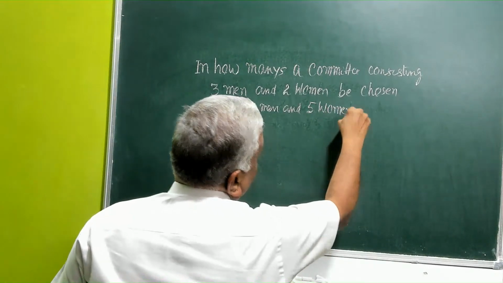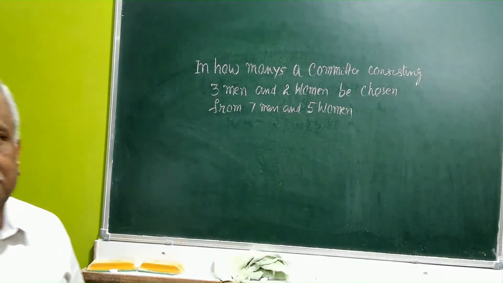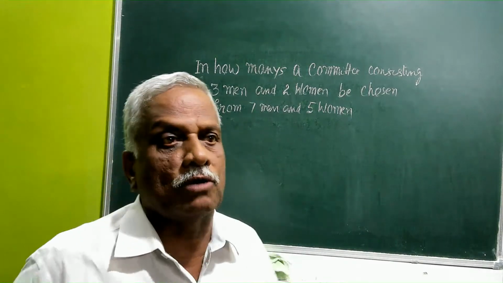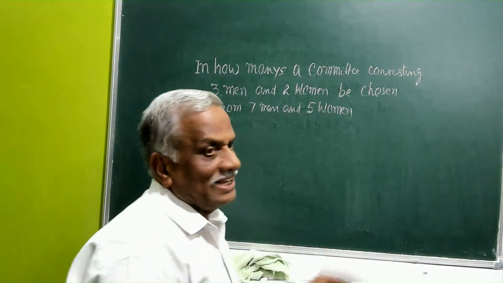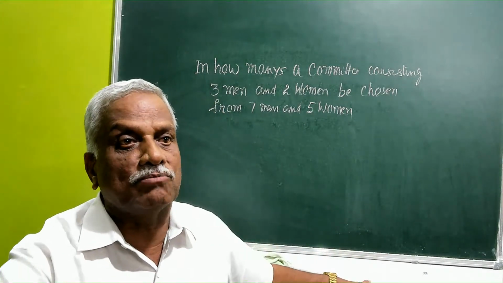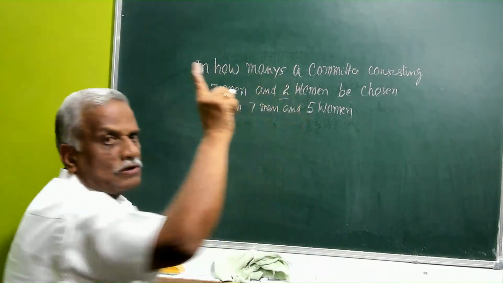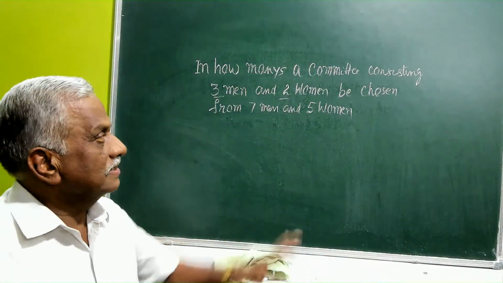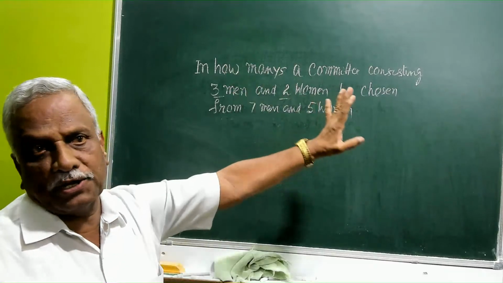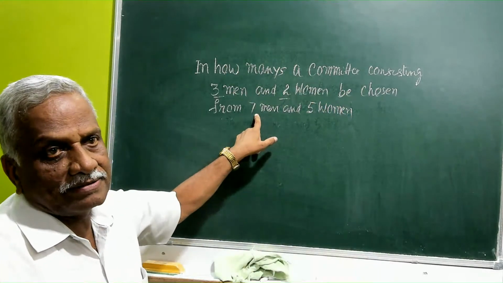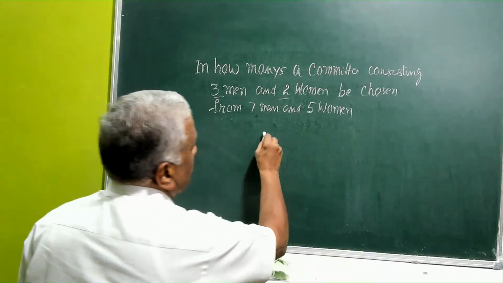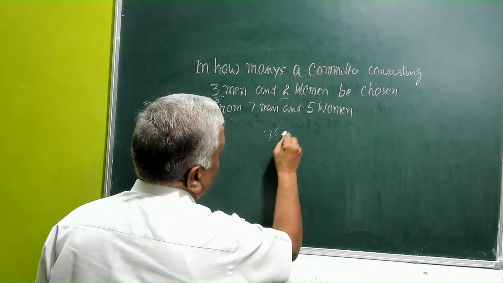You must understand the actual difference between the previous problem and the present problem. There was a condition, at least one boy, one girl. Here it's very specific. So there is only one possibility. The committee should have 3 men and 2 women. How many men are there? 7. So we can select men in 7C3 ways.